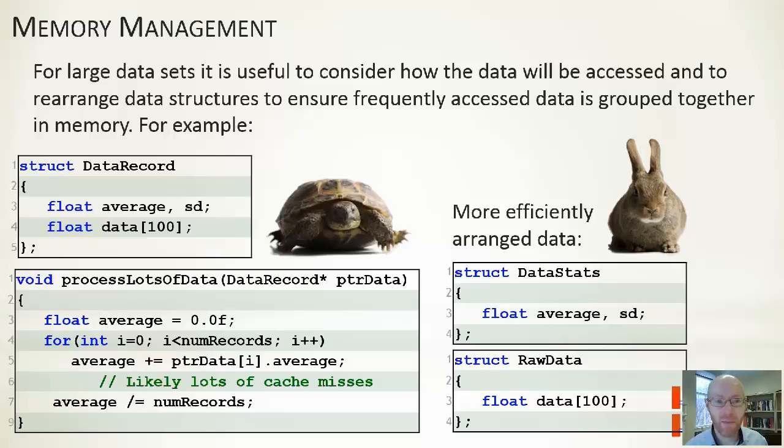Given that setup, it means we can change our process lots of data to pass in the data stats array, and iterating through that, we're basically just jumping over one float to get onto the next one. So there's much less risk that we will be jumping through these things quickly and going outside of the content that we have within our level 1 cache.